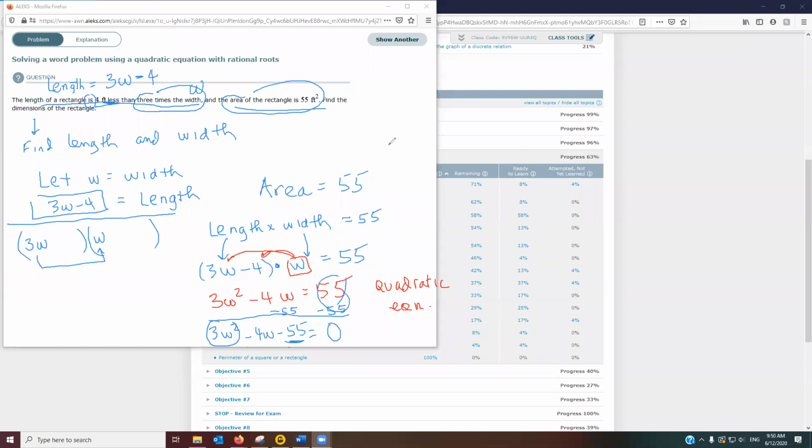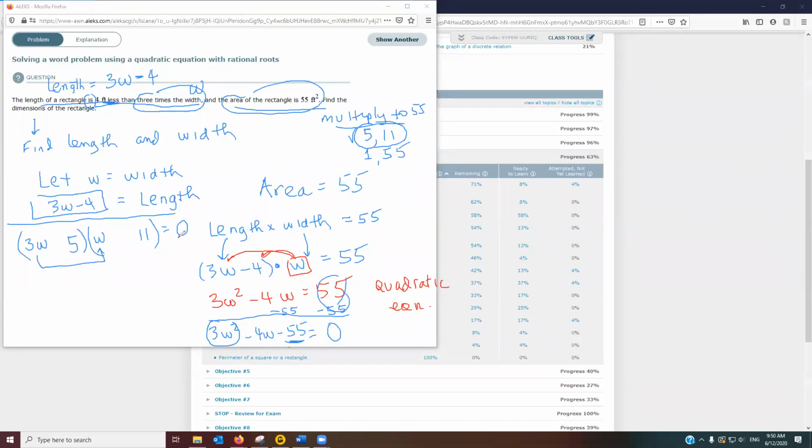All right, well, maybe I'm going to try a trial and error method, because there are not that many numbers that can multiply to get me 55. So I know to get me to 55, I can either use 5 and 11, or I could use 1 and 55. All right, let me do trial and error. I'm going to try to use a 5 and 11 in the back and just see if this works.